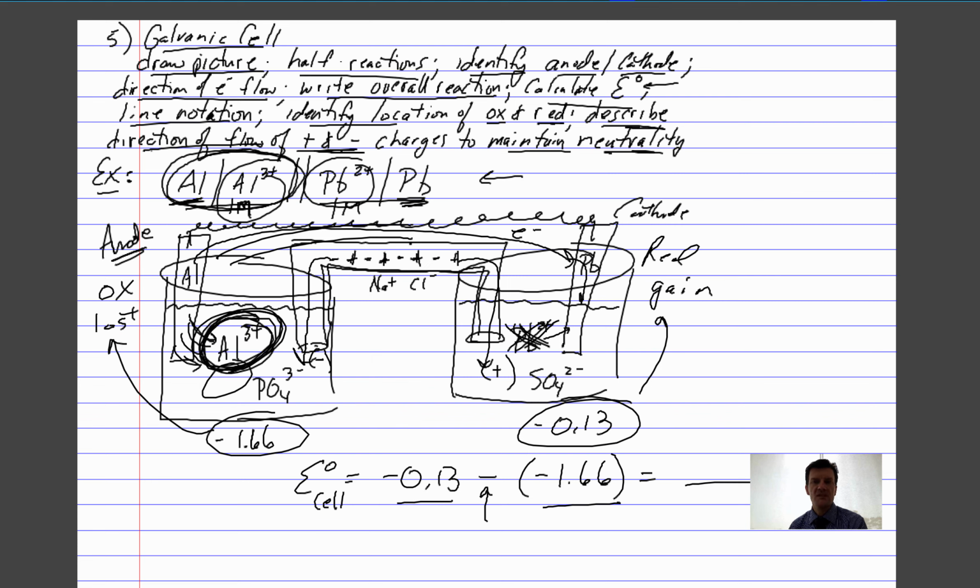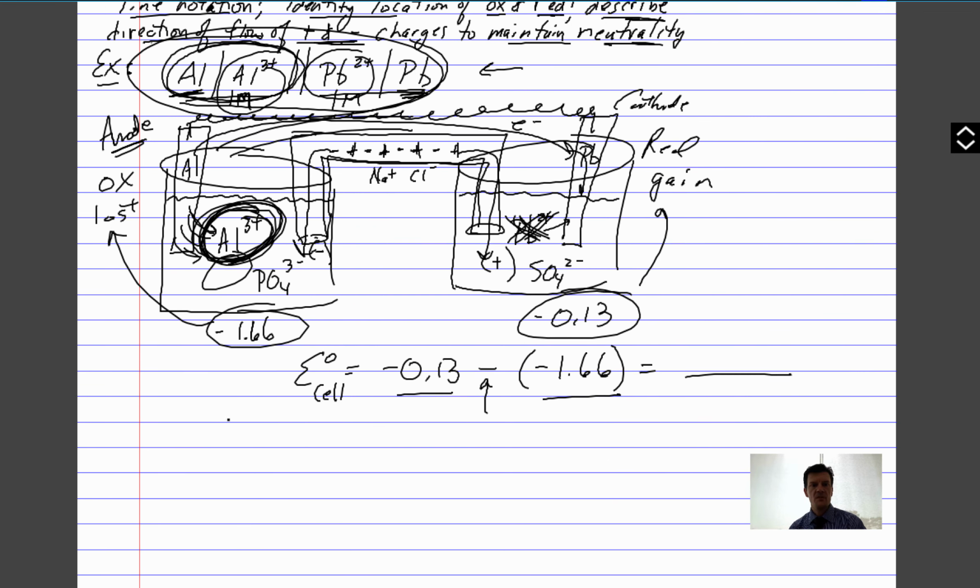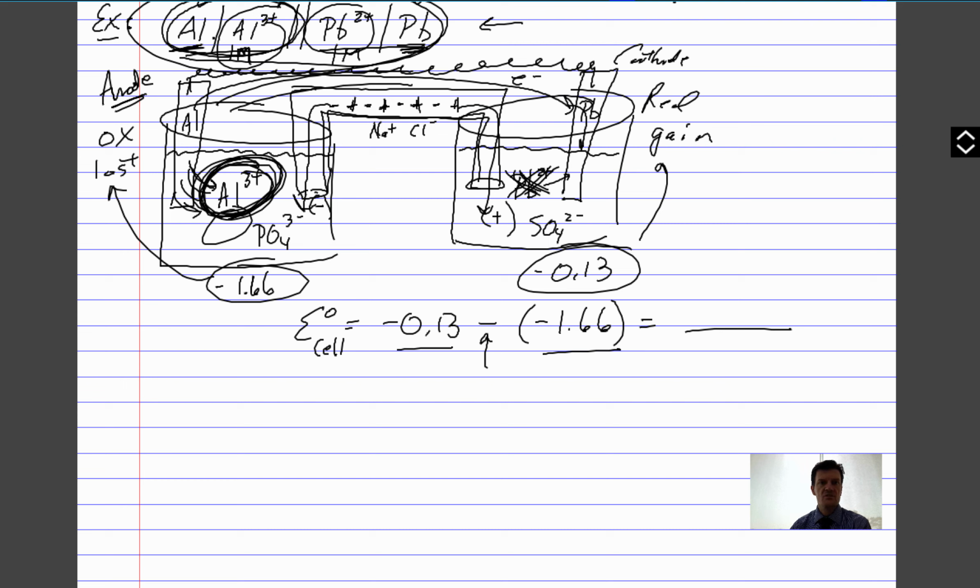Okay? Now you were given the line notation here, but maybe I'm giving you the half reactions. Maybe you're only given the half reactions, which, by the way, you can get straight from the line notation, or you can figure them out from what's happening on either side. On the oxidation side, you're going to have aluminum solid turning into aluminum ion by losing 3 electrons.